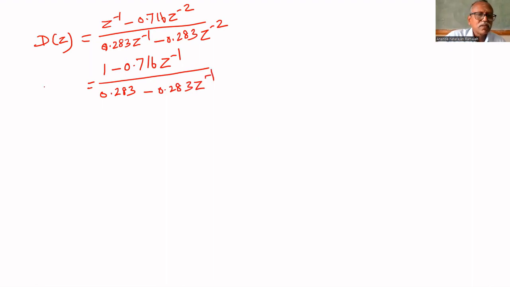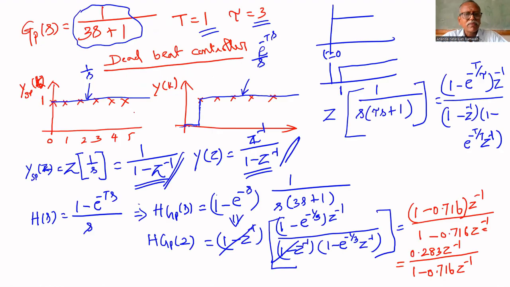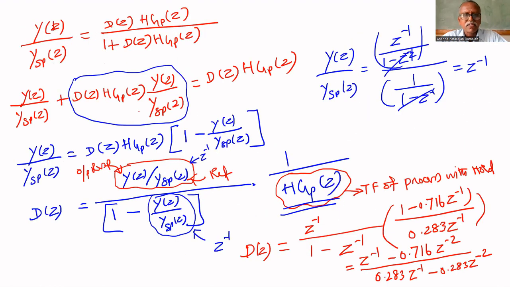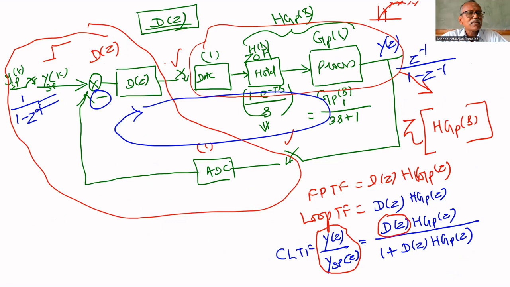This is D of z, that is M of z upon E of z. Why am I writing M of z by D of z? Here, what is the output of D of z? Controller output, M of t in continuous domain; here M of k. The error is the input: in continuous domain E of t, here E of k.